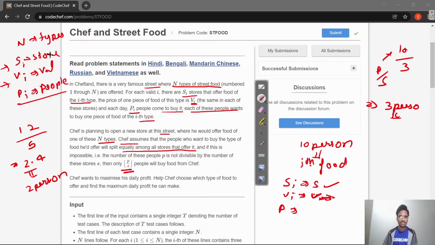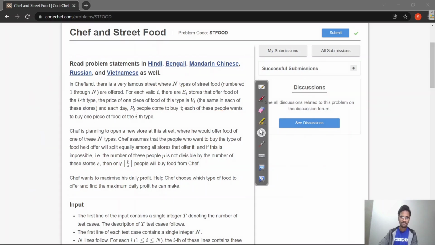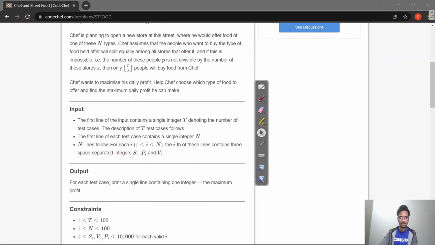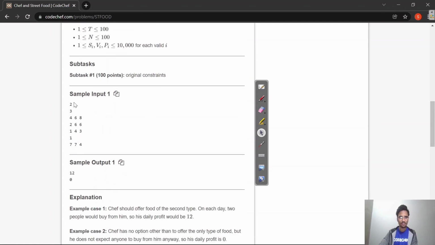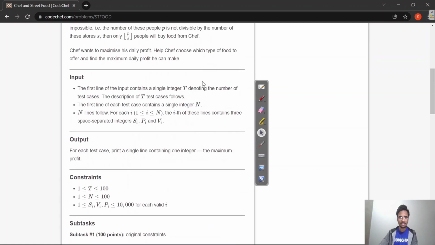Now let's check the input. The first line of input contains T, as usual, the number of test cases. The first line of each test case contains a single integer n. Here you can see 2 and then 3, and this 3 is the number of types of food. Then n lines follow.